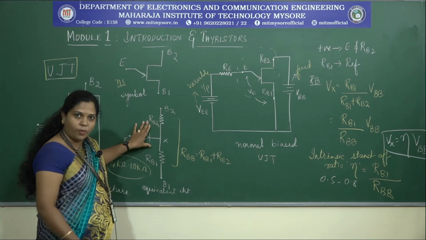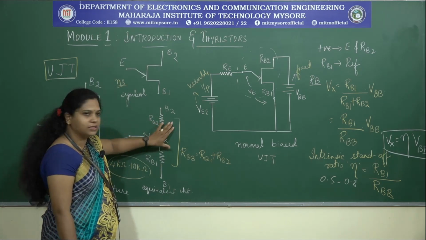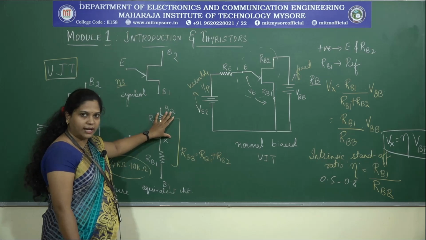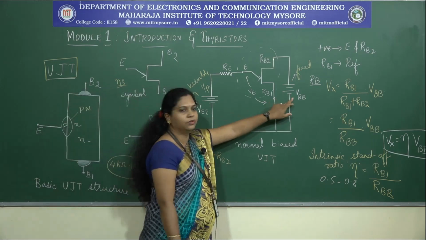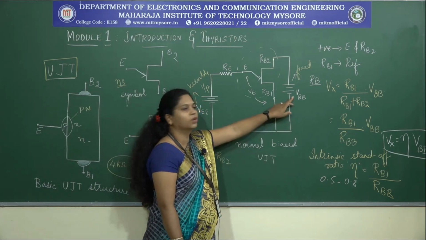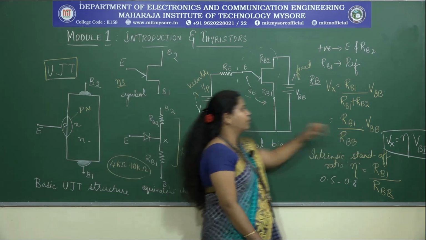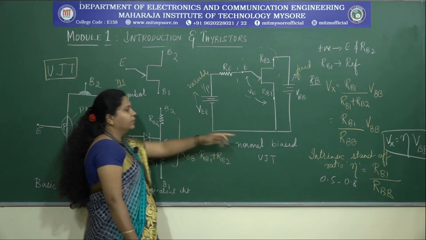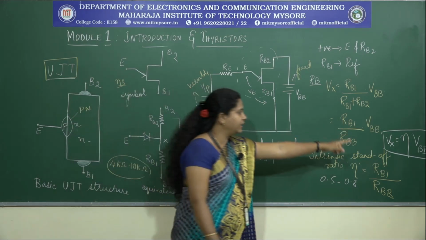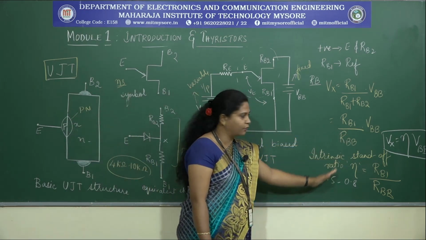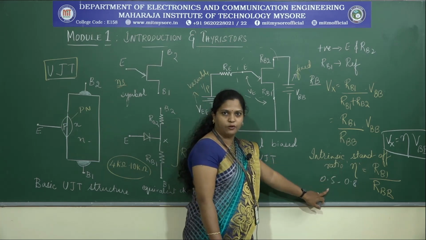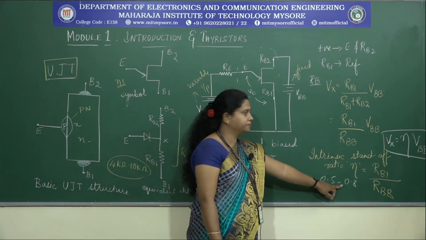When the diode is open, across these two bases, which is a lightly doped N region, by connecting the biasing circuit with respect to VBB, we get the equation for point Vx as eta into VBB, where eta is the intrinsic standoff ratio having a range of 0.5 to 0.8.